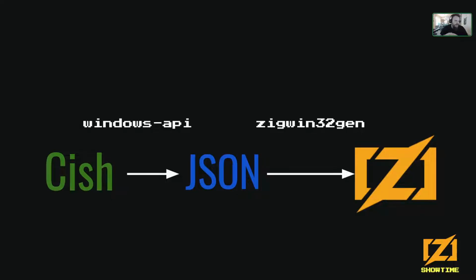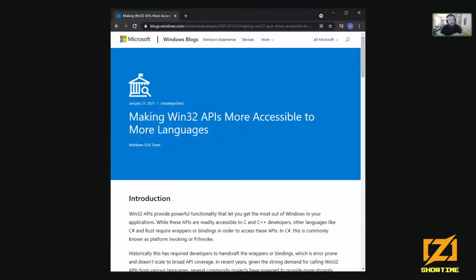And this was around November, December of last year, so a few months ago. But then something happened in January 2021. I think I was browsing Google News, and I saw a couple of articles about this Win32 metadata project, making Win32 APIs more accessible to more languages, which sounded eerily familiar.